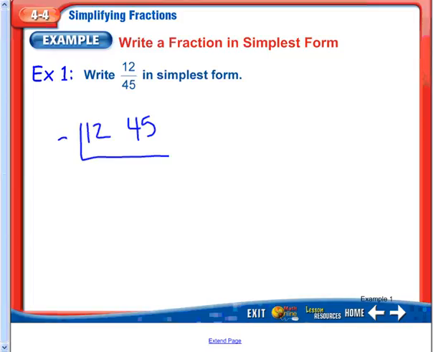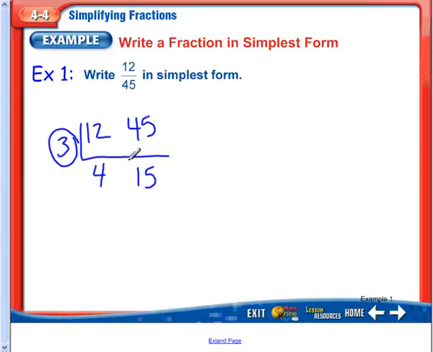I know that 3 goes into both 12 and 45 because of my divisibility rules of 3. 3 goes into 12 4 times. 3 goes into 45 15 times. Since there are no other numbers that go into both 4 and 15, that means 3 is our greatest common factor.